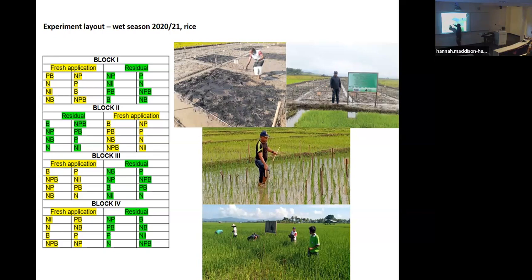So we have to be careful and just use manual work to prepare the site. As you see here, this is the fresh application, with different treatments here. And here is not treated, because the fertilizer was already applied to the vegetable in the dry season.